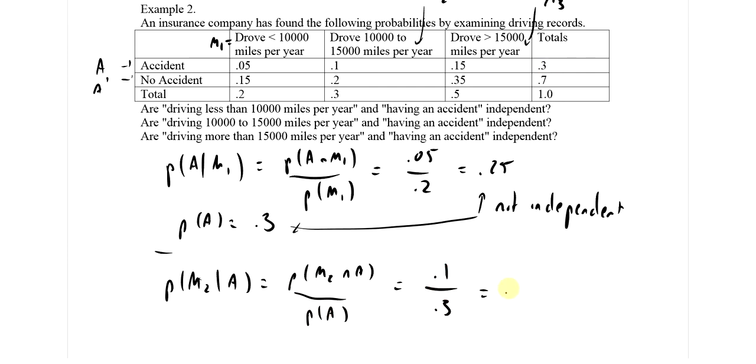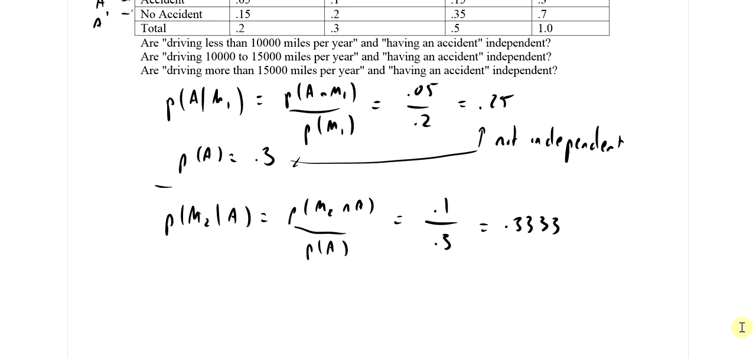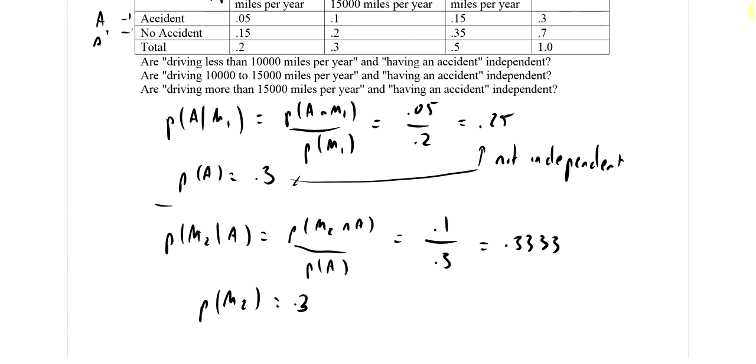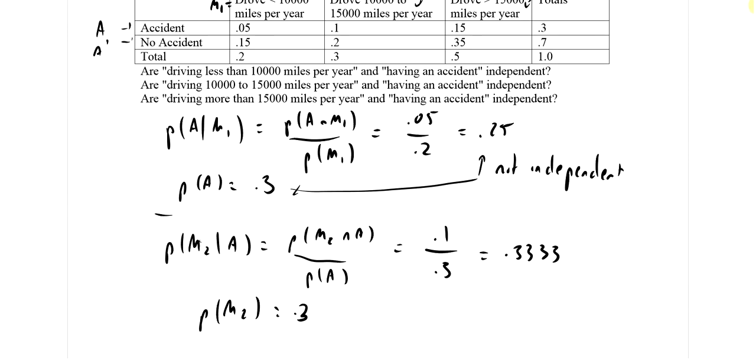That's 1/3, 0.3333. What's the probability of someone having driven 10,000 to 15,000 miles a year? 0.3. So not equal. So not independent.